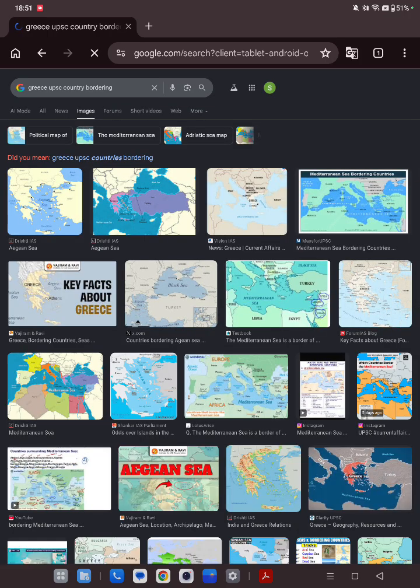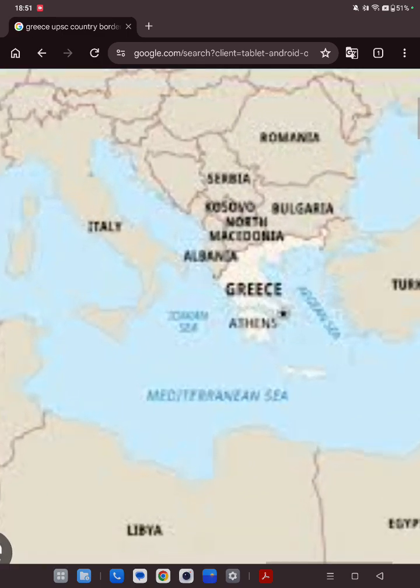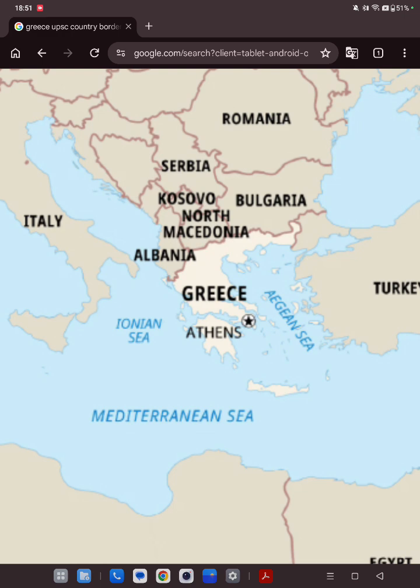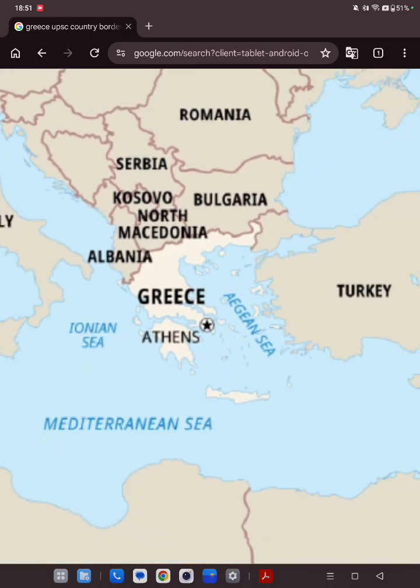Now go to the image. Yeah, so here is Greece. See Albania, Macedonia, see the line, Bulgaria, and here is Turkey. These are the countries bordering Greece, and the Ionian Sea, Aegean Sea, Mediterranean Sea.